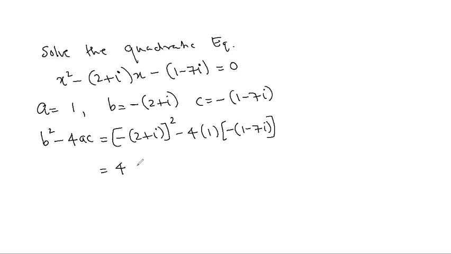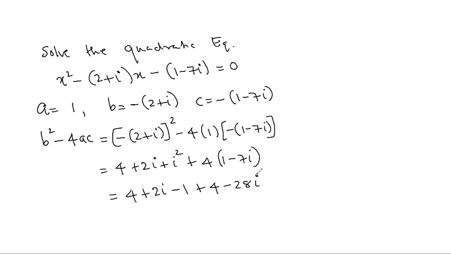That became 4 plus 4i plus i square plus 4 plus 28i. That is 4 plus 4i minus 1 plus 4 plus 28i, that is 4 plus 4, 8 minus 1, 7 plus 32i.